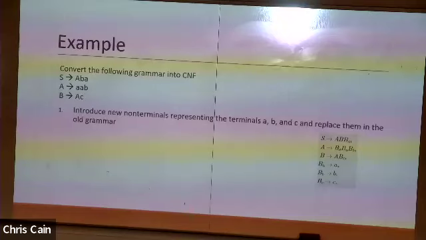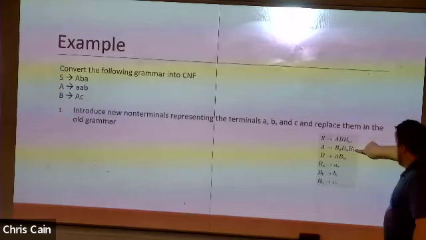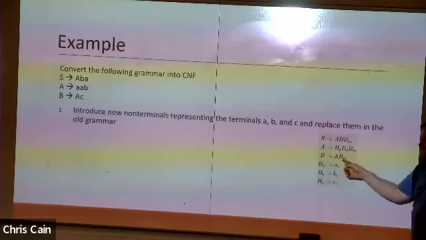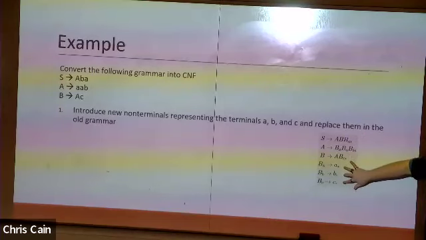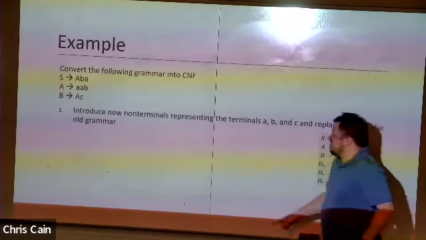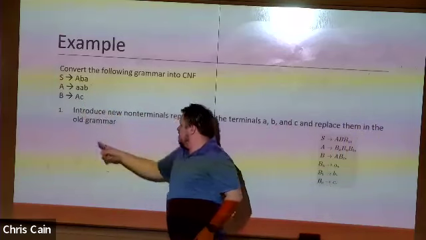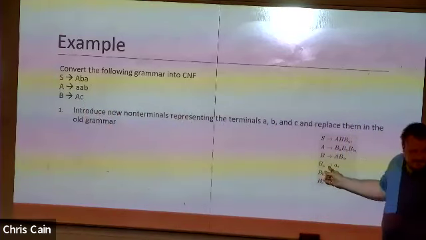Note that right now they're useless because nowhere can we really derive these. Well, you do see that we replace the lowercase a's in these with B sub A, B sub B, B sub C. We've removed all terminals now from the original productions. So straight to terminals, replacing all terminals here, A and B and C, with their associated rules.